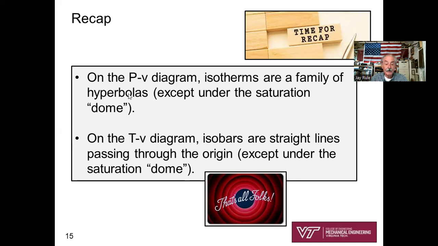Okay, so here's the big takeaway. On the PV diagram, isotherms are a family of hyperbolas, except under the dome, where they're horizontal. On the TV diagram, isobars are straight lines passing through the origin that are diverging, except under the dome, where they're horizontal lines.